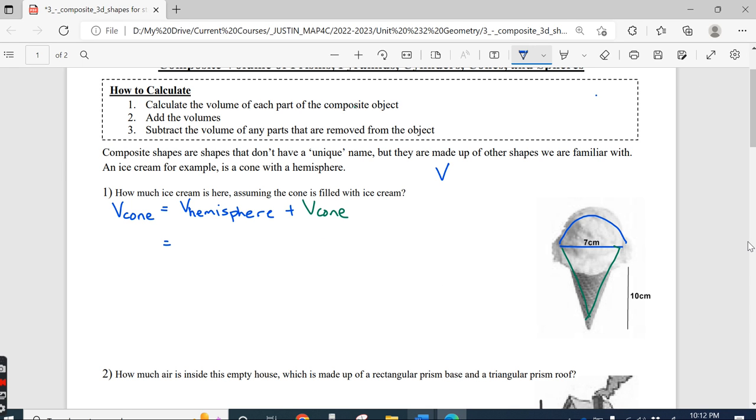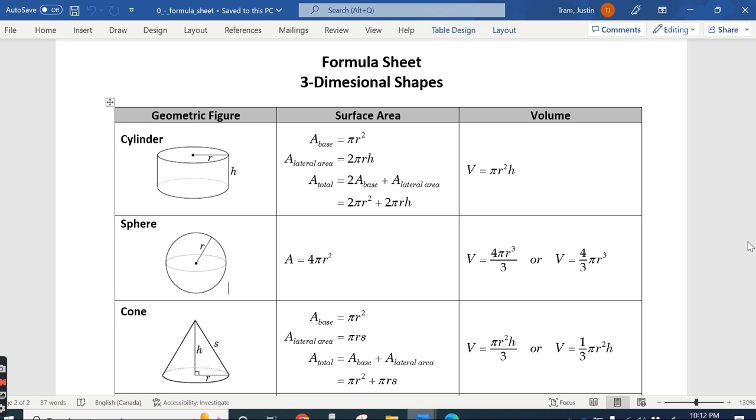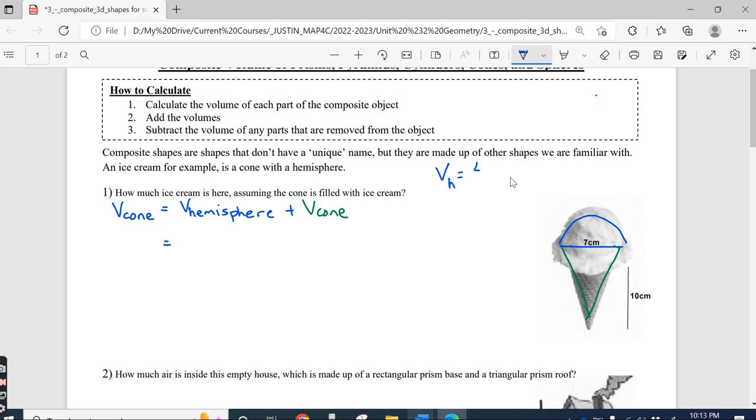So the volume, I'm going to do it on the side here. The volume of the hemisphere, I'm just going to put H, or the ice cream, would be 4 pi r cubed divided by 3. Now, let's calculate this first. I know I need to divide by 2, but let's just calculate this first to get a number and then divide by 2. R represents the radius, which is half of 7, and half of 7 is 3.5, cubed, divided by 3.